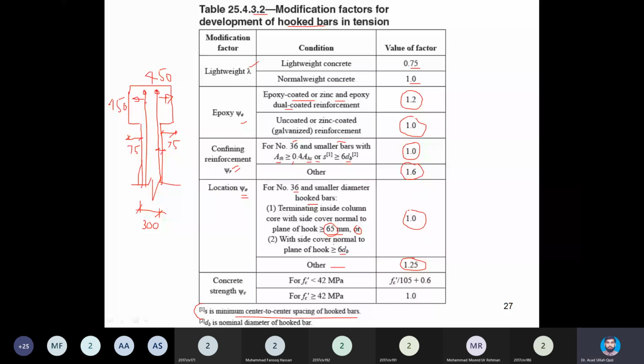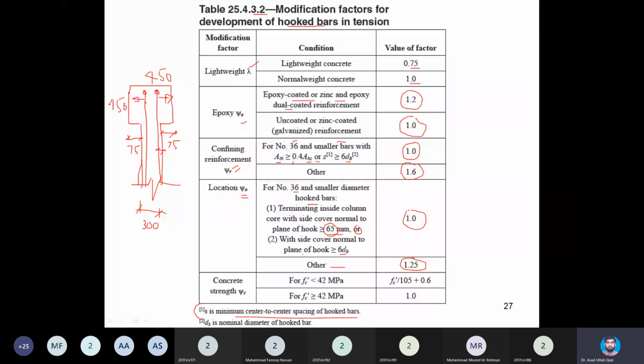If this first one is valid, fine. With the side cover normal to the plane of the hook, even for this 6 times diameter, number 25 into 6 is 150. Even if the first one is okay, I will take 1, even if the second one is not okay. And this is how you will calculate for hooked bars these applicable modification factors.